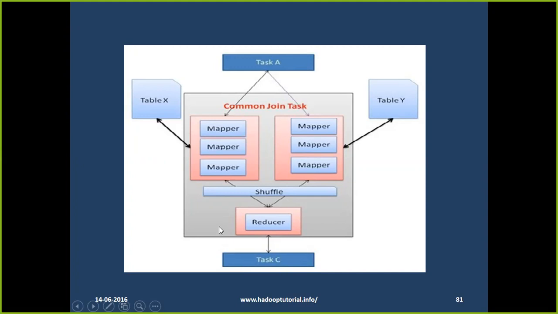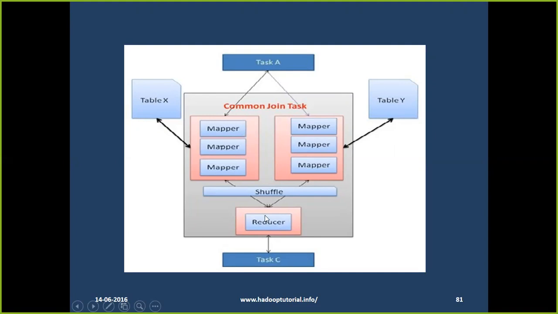If you have two tables or two files, this is table X and this is table Y. Let's say I have 100 columns in this and 20 columns in this, and after joining I will produce my result. So there are two types of joins you can perform: one in map side itself, and the second in reduce side.